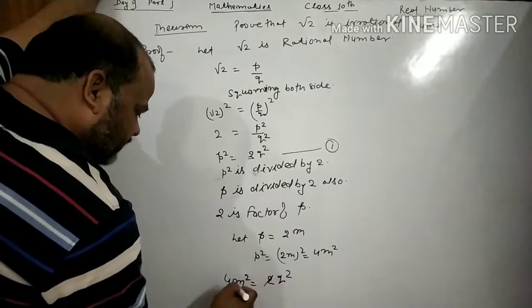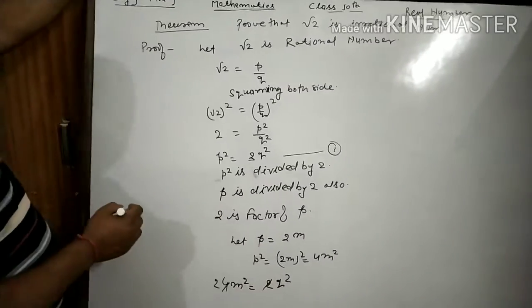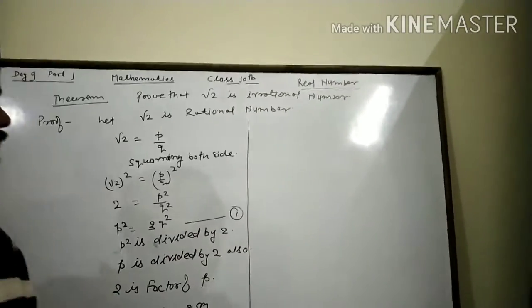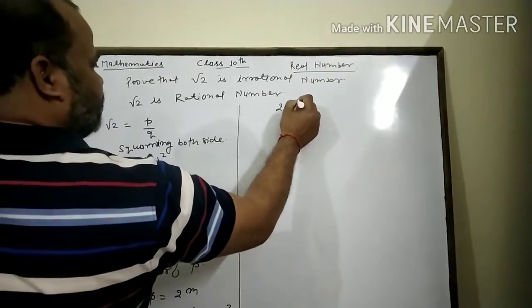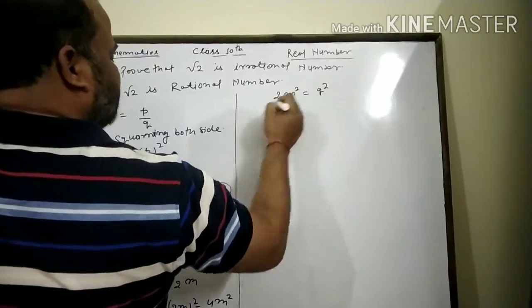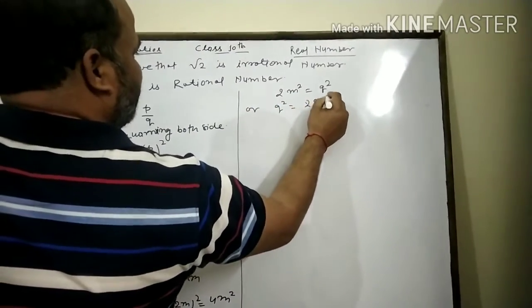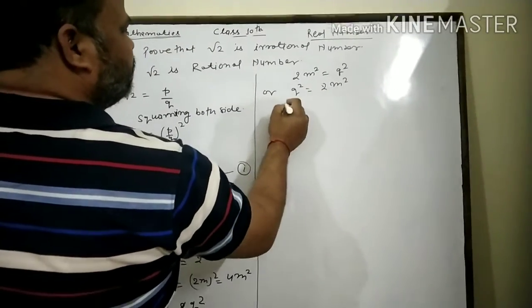This 4 is divided by this 2. Now it is 2 here. Now 2m square is equal to q square, or it is written q square is equal to 2m square. It means q square is divisible by 2.